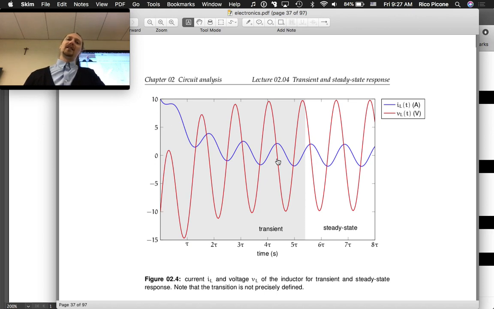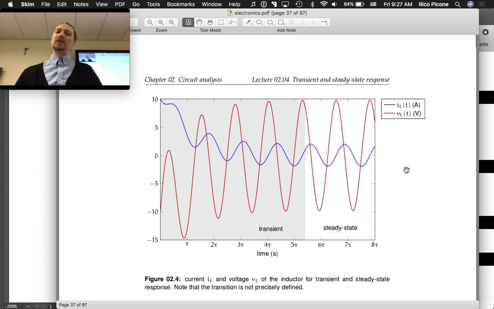So this transient part of the response has that exponential characteristic where it's settling down to some new value. And it's not a sharp transition. I mean, this figure sort of shows it as being a sharp transition. But this is the transient time when the initial condition is still affecting the signal or the output significantly.